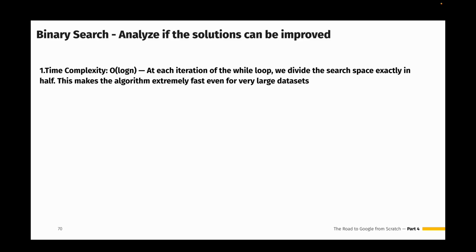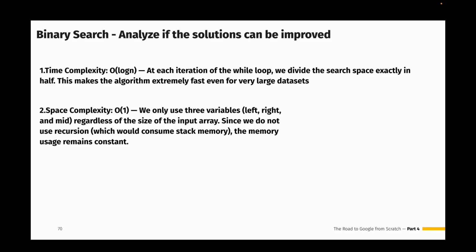This makes the algorithm extremely fast, even for very large datasets. And the space complexity is O(1) because we only use 3 variables, left, right, and mid, regardless of the size of the input array. Since we don't use recursion, which would consume stack memory, the memory usage remains constant.